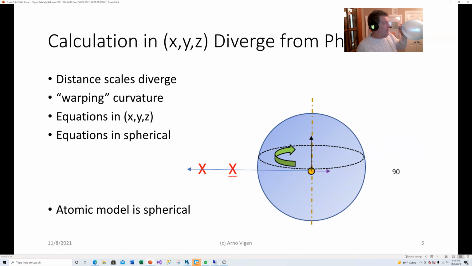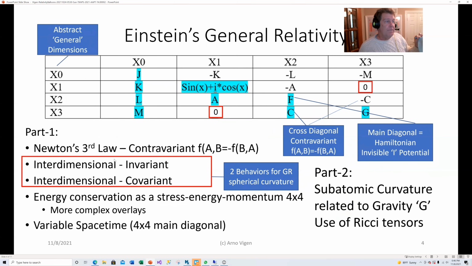However, if I move along the surface, nothing happens to the radius. Okay? And so these two concepts of invariant and covariant are basically two dimensions in a changing system, like a balloon or an electron shell around a nucleus, which is, of course, where we're going to end up.